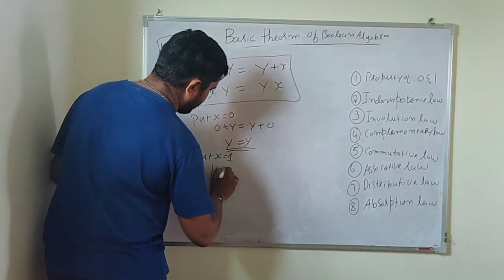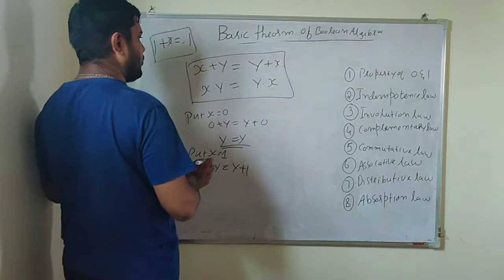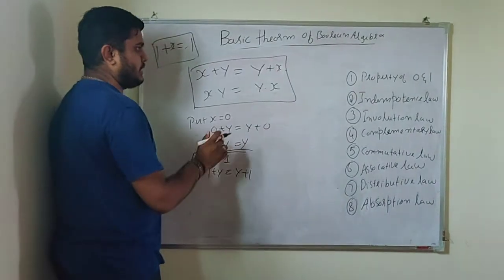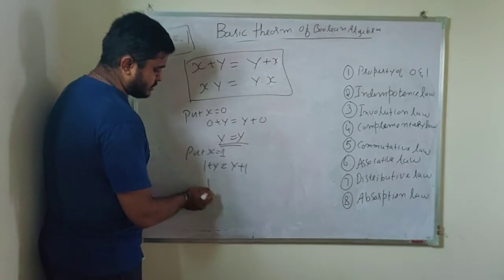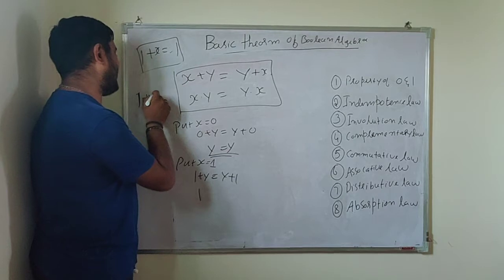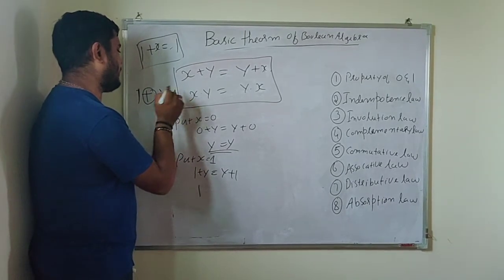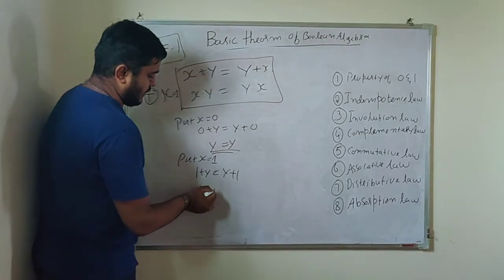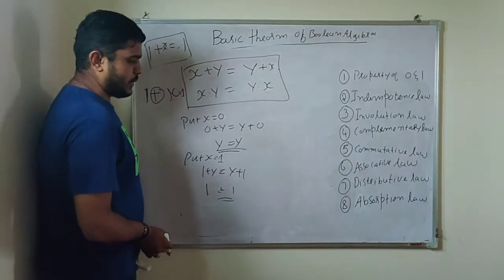So 1 plus y is equal to y plus 1. You have seen this in the properties of Boolean algebra: 1 plus y is always equal to 1. For any value used with the OR gate along with 1, the answer will be 1. So 1 is equal to 1. So this is the property of the commutative law.